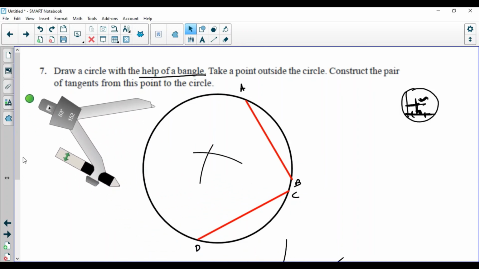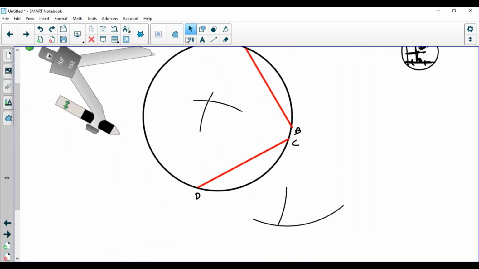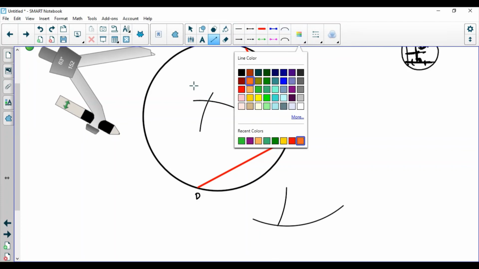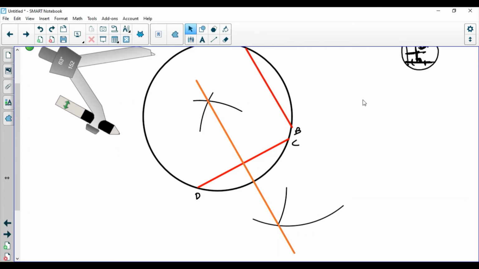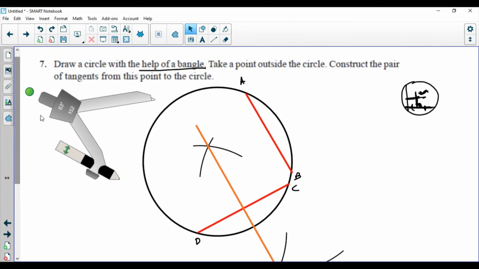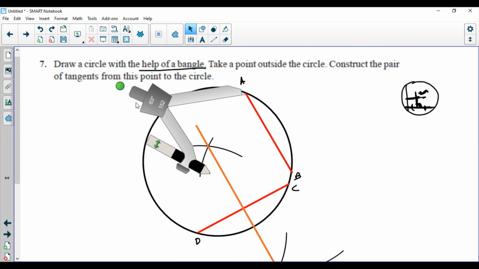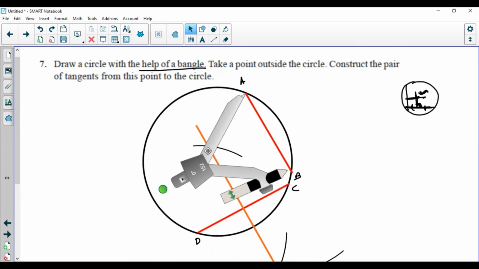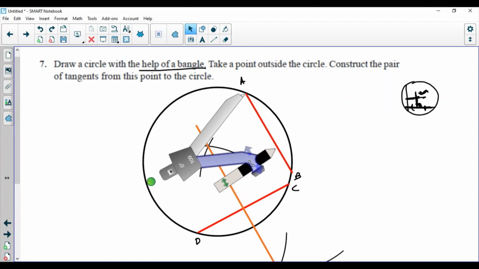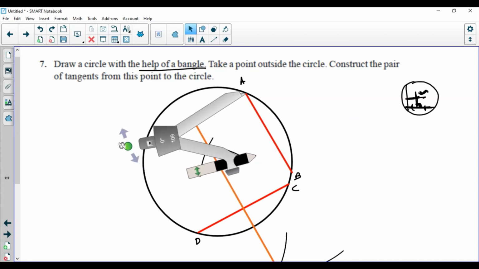Okay, join them to get a line. Now I have to do the same steps for this one also. This much is complete. More than half I will take. For this one, this much will be enough.